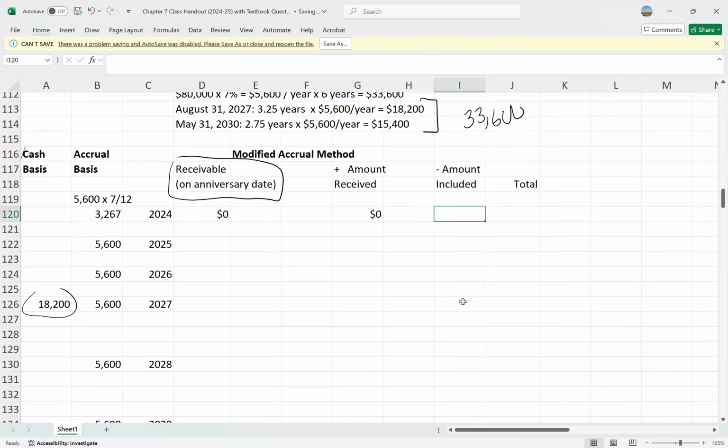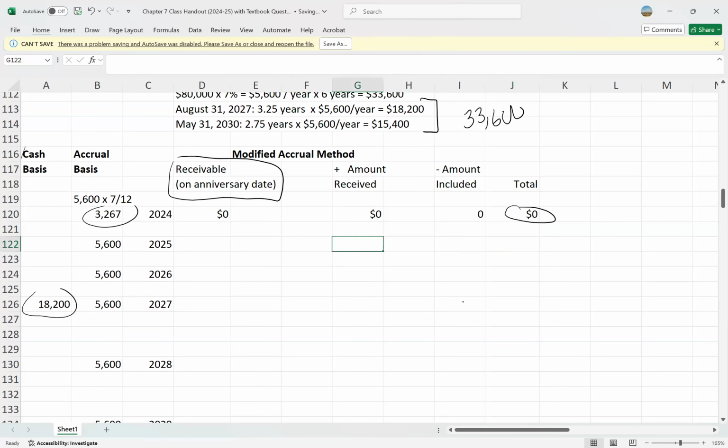So we will sort of minus any amounts that are talked about in this line that are already included. But once again, pretty straightforward. There's nothing in the first 2 columns. So there's nothing to be subtracted. So for the first year, this taxpayer would not have to include any interest income on their tax return. So a bit of a benefit because under the accrual method, they would have had to include 3,267.